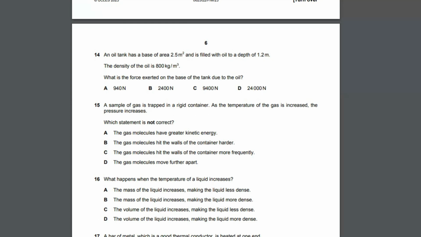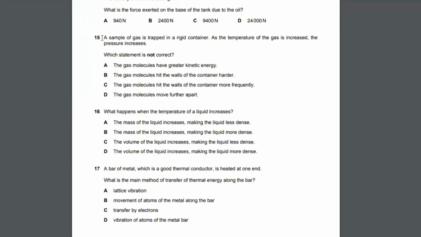Now next question is, a sample of gas is trapped in a rigid container. If the temperature of gas is increased, the pressure increases. Now we want to find the statement which is not correct. The sample is trapped in a rigid container, which means the volume is fixed.